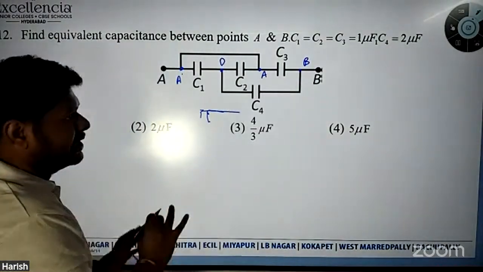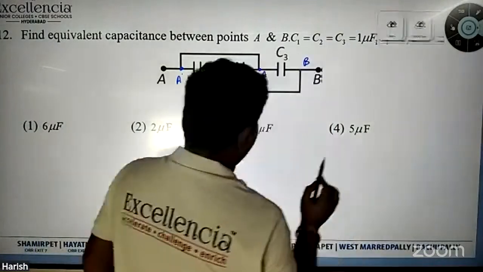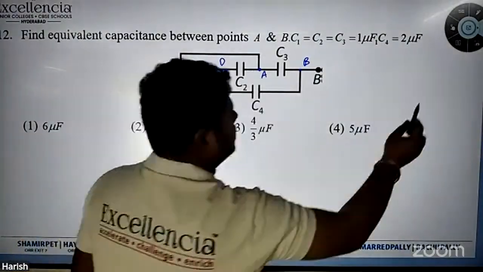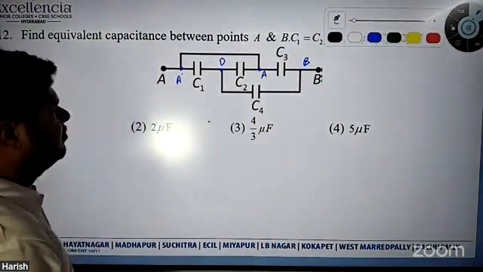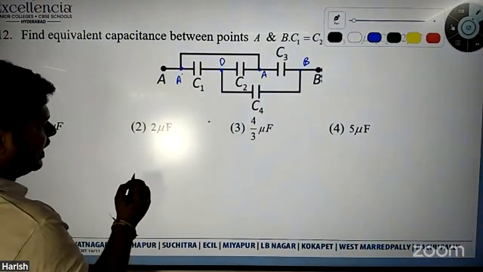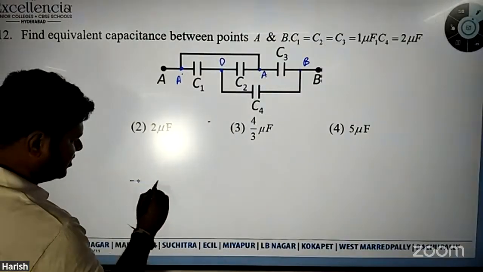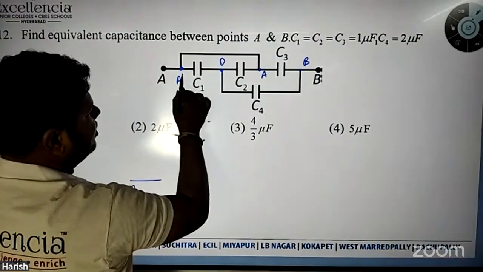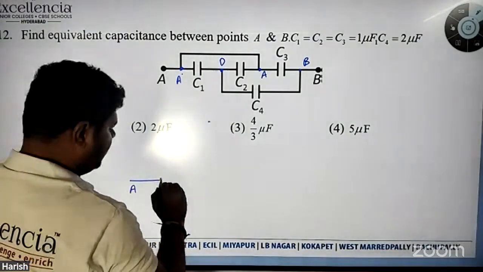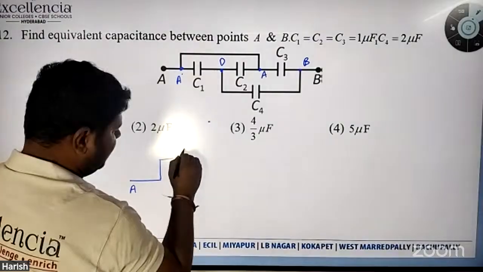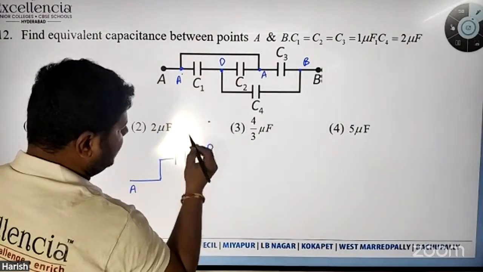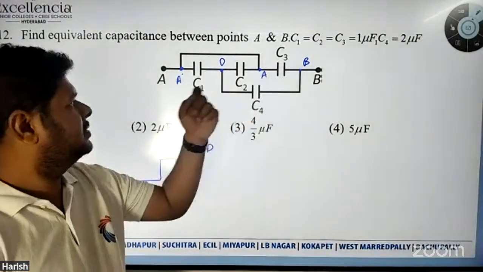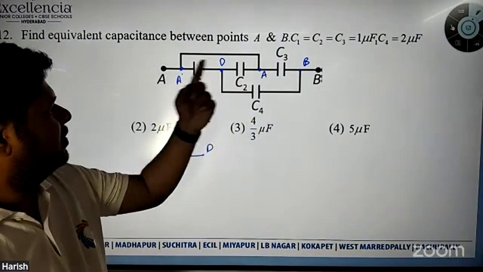Now redraw the circuit here. I need it across AB, so I'll take this as A. Look at this capacitor C1. It is across A and B. So from A, I'll take one capacitor and connect it to B. And look at C2.